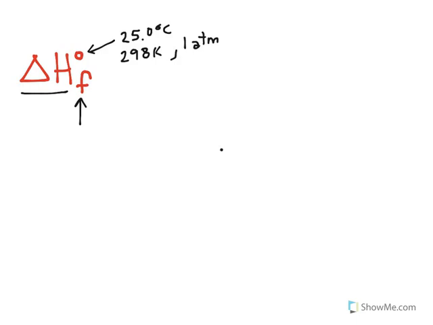So, this is the way it's used. If you wanted to find the standard heat of formation of, say, ethylene, which is represented by C2H2, and that's a gas at 25 degrees Celsius.